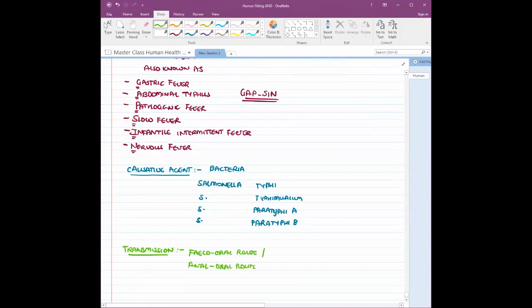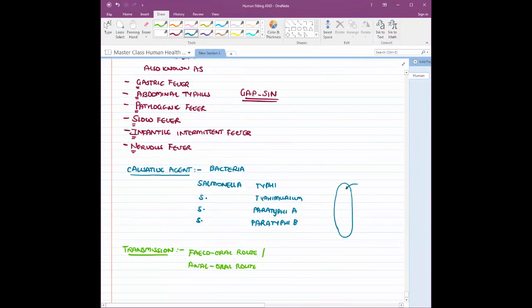But now, guys, we need to see how this causative agent looks and what really happens. When we look at this, you will see that it appears to be something like this. What we will see is that it has an outer coating.